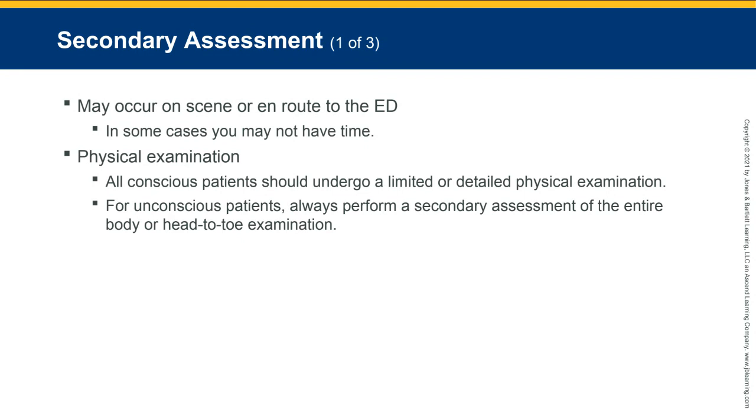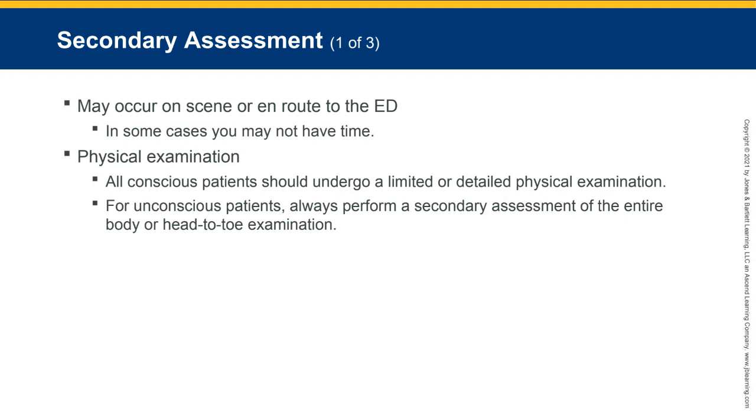In some cases, you may not have time. Rarely do we have time to do a detailed head to toe on a critical patient. So it involves physical examination. All conscious patients should undergo a limited or detailed physical examination.